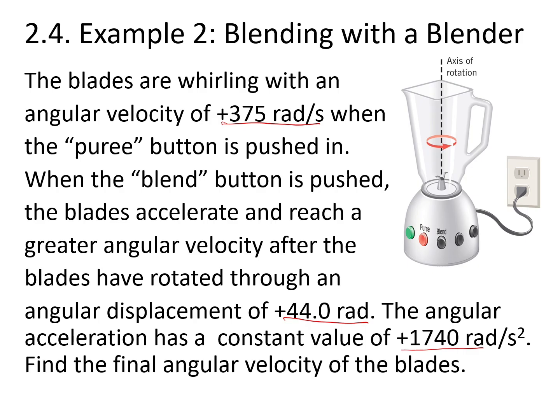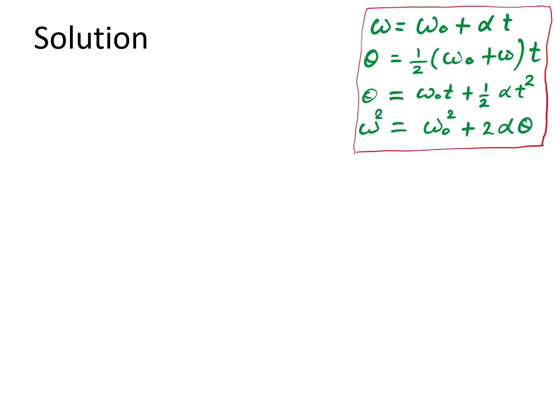This is an equation selection problem. We are given initial angular velocity, angular acceleration, and angular displacement. We are not given time. So we should choose the rotational kinematic equation that does not include time. The first step is writing down the given information. The angular displacement theta is positive 44 radians.